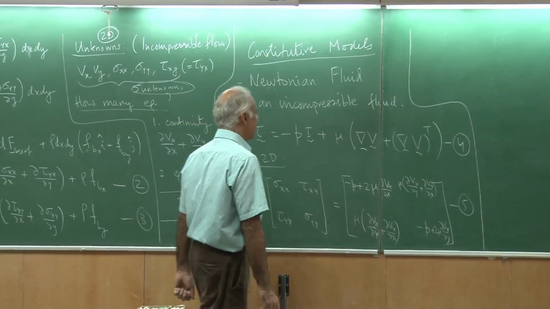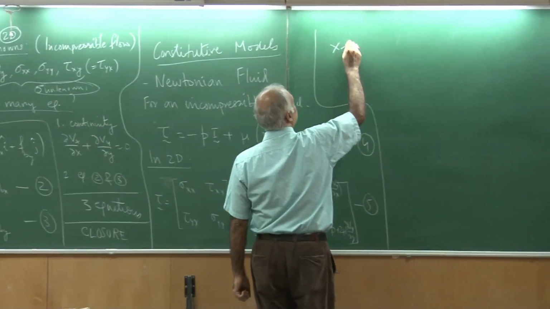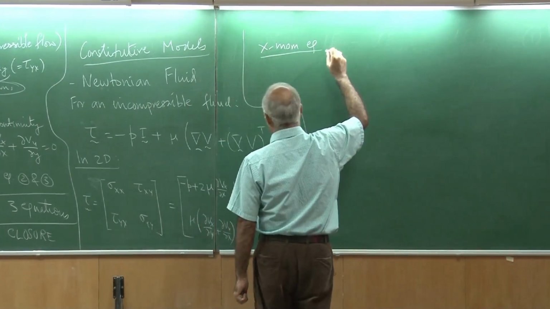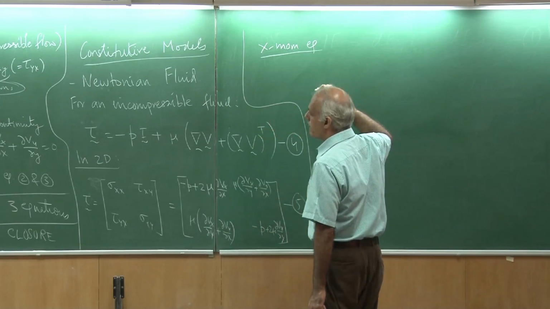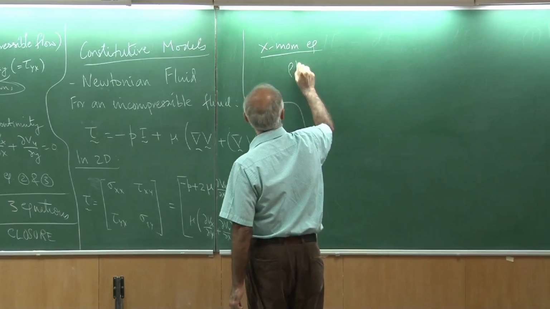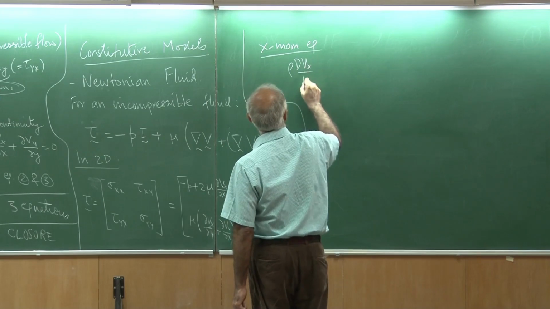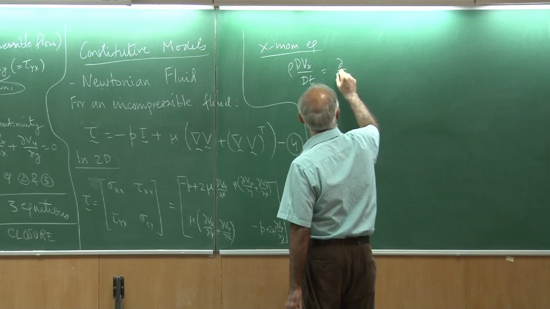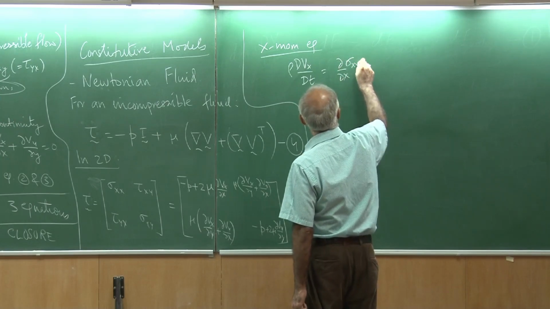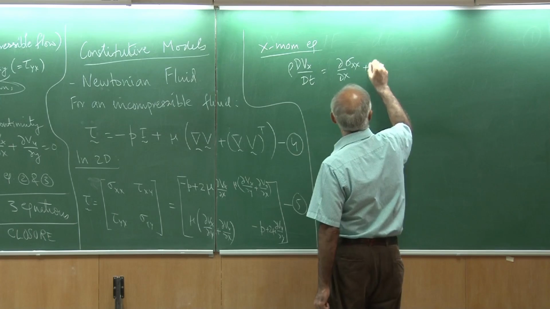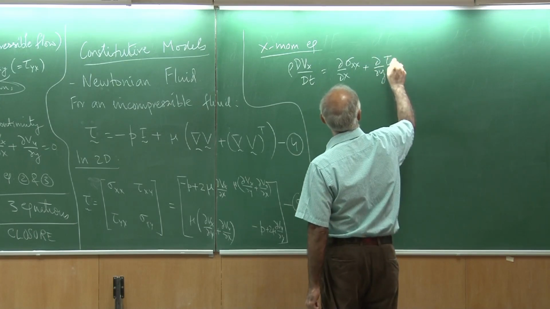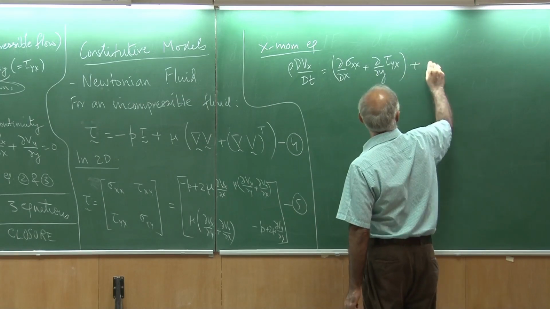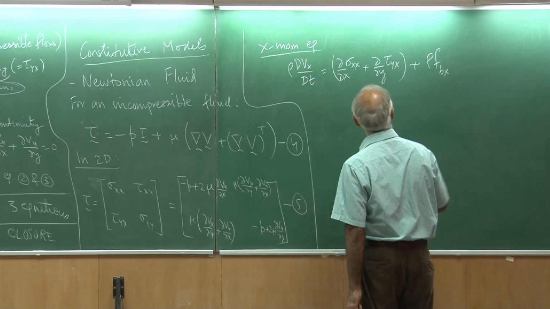Great. So, let us start with the x equation. So, first we will look at the x momentum equation. Let me rewrite that. So, rho dVx by dt is del by del x of sigma xx plus del by del y of tau yx plus rho f body in the x direction.